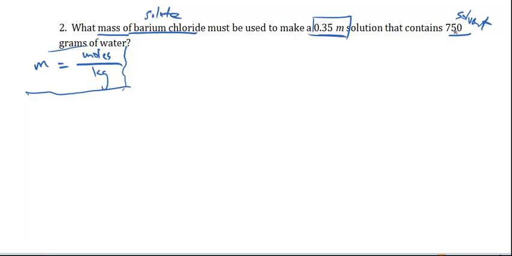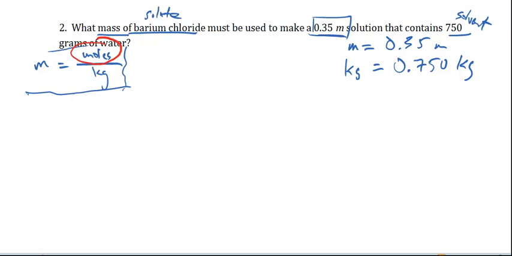It tells us we have 750 grams, so you can easily convert that to kilograms. When you do that, you'll get 0.750 kilograms. So we know everything except for the number of moles.